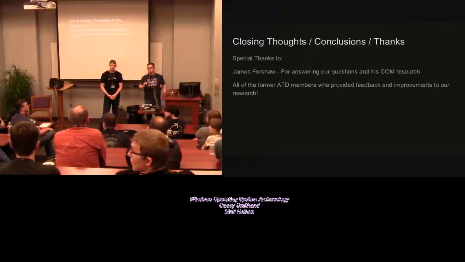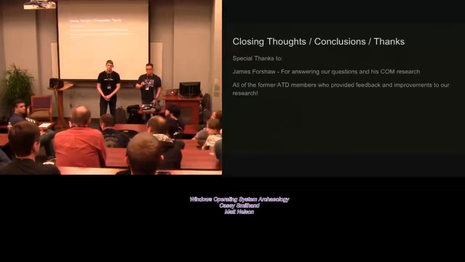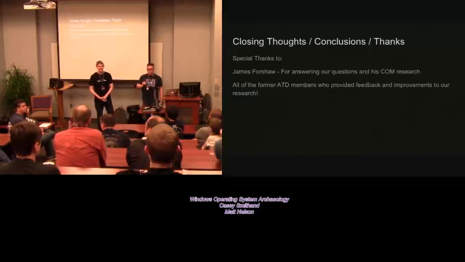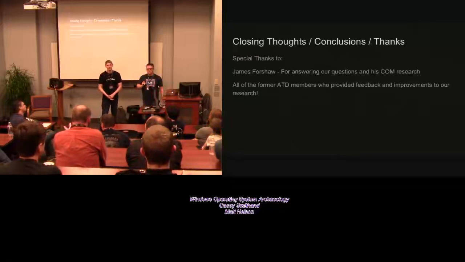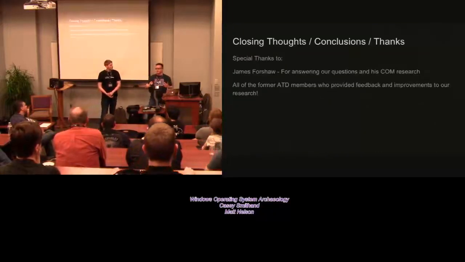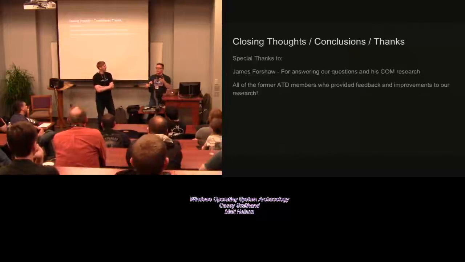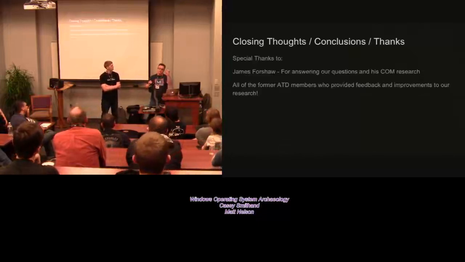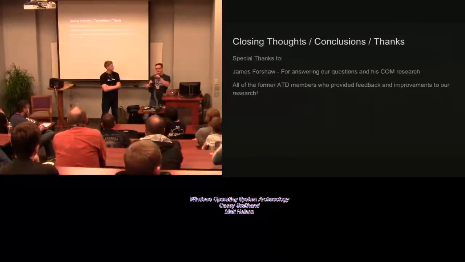Yes, question here. So when some of these things like calculator, you launch calculator, does that show up in the process table or is it showing up as something else? It's a good question. In some situations, like in all those examples, calc would be the child process of cscript or wscript or regsvr32.